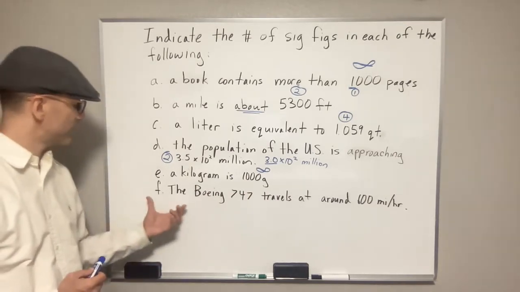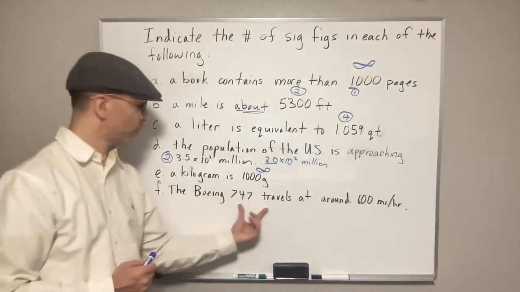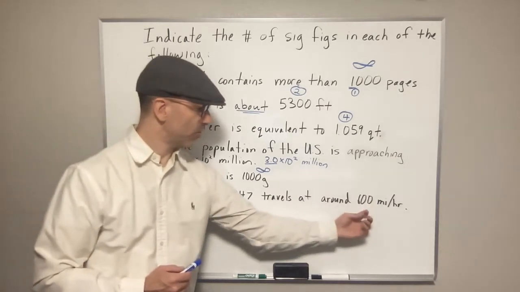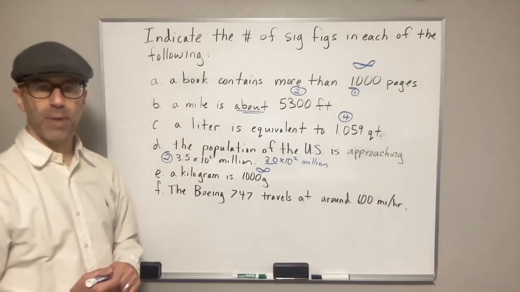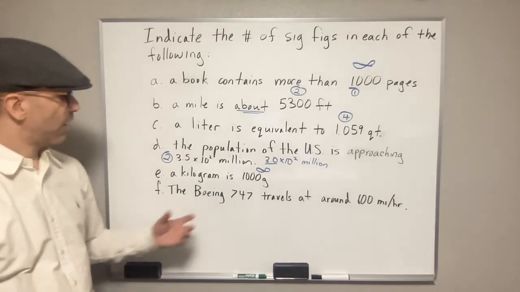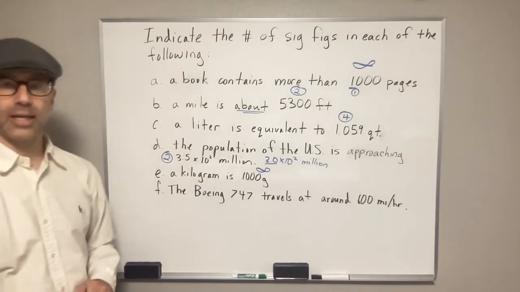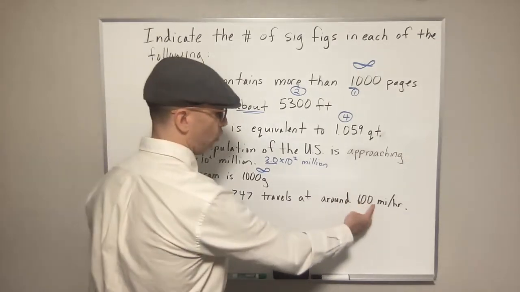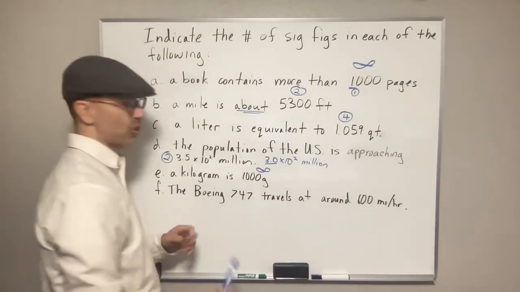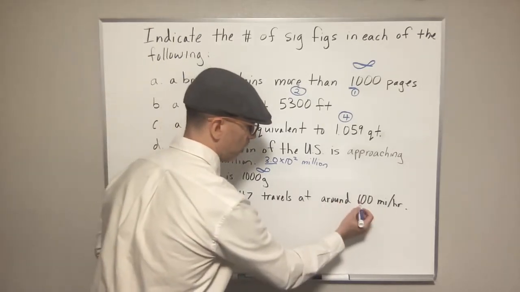All right, and last, the Boeing 747 travels at around 600 miles per hour. So this is a measure. It's not exact. And again, you'll notice there's no decimal point there. So this would be only one sig fig.